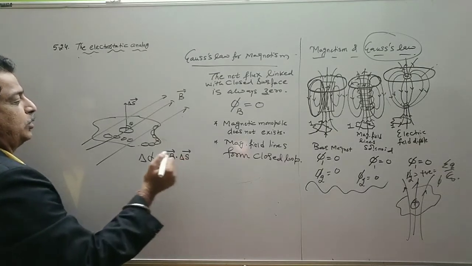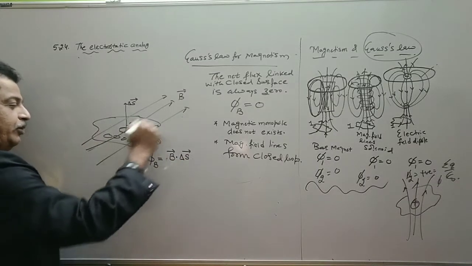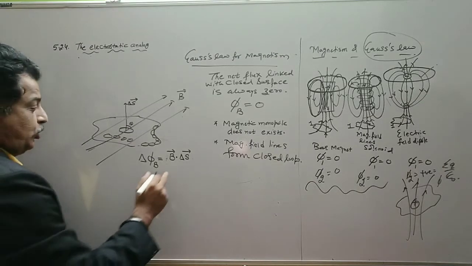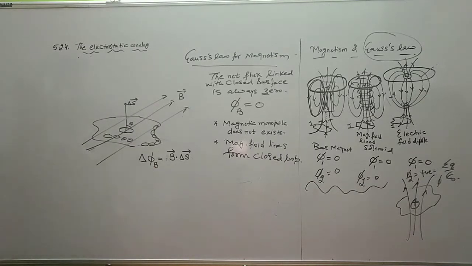Now this will also come out to be zero, because whatever number of field lines pass through one surface, it will emerge from the other side. So this is the magnetic flux linked with the closed surface. A small element, we take it and we find out the magnetic field at this point.